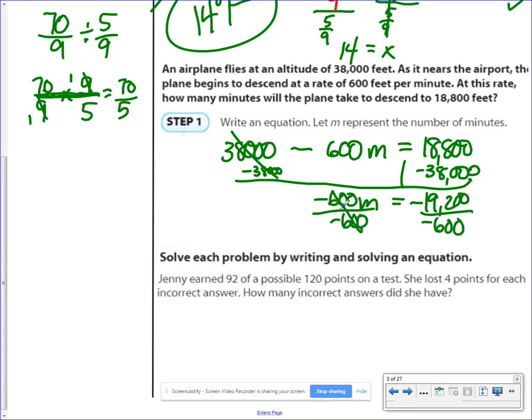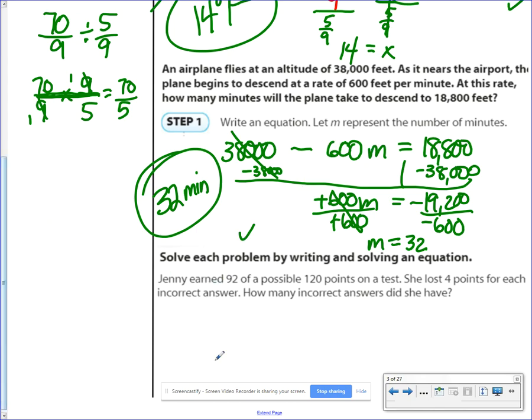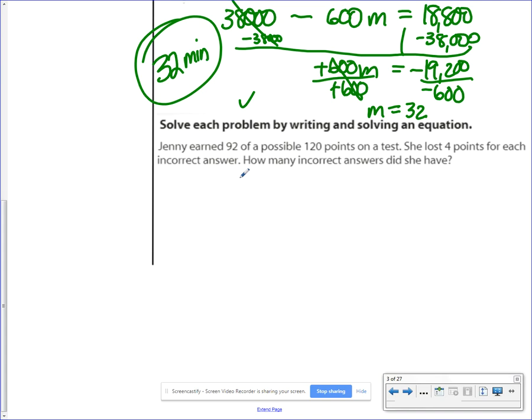Phew, that's a positive 1m. That's exactly what we wanted. When you divide this guy, I think we get 32. Your answer is 32 minutes. Check it. Plug 32 in here and subtract and see what you get. Make sure it works. Last one.